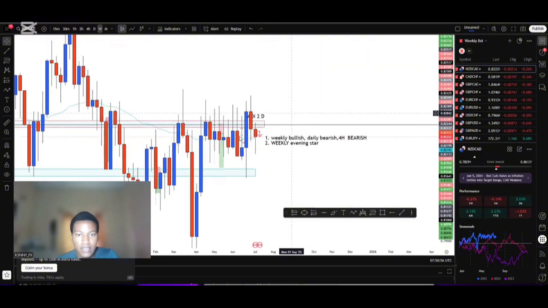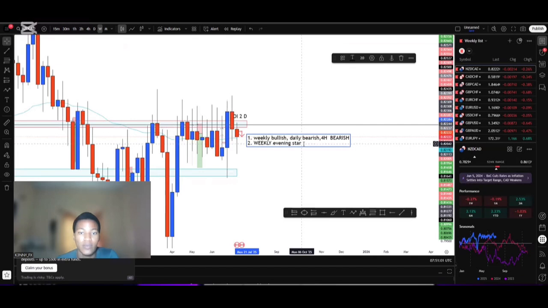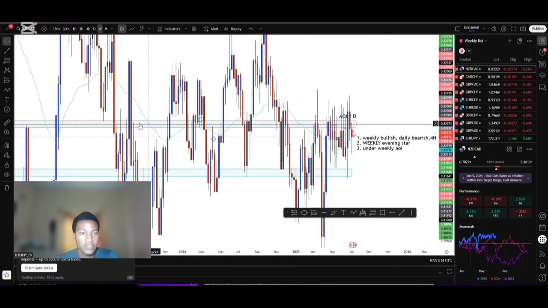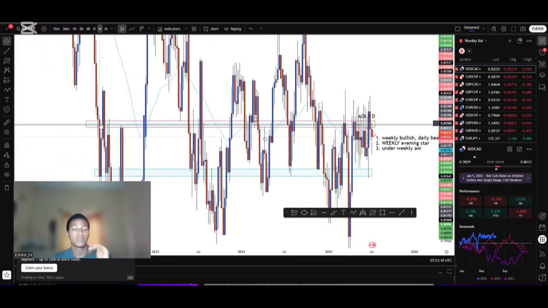The evening star is this candlestick formation here. Then you can also see we are under the weekly area of interest. When price is above it, it uses it as support to buy. When it's below, it can use it as resistance to sell.